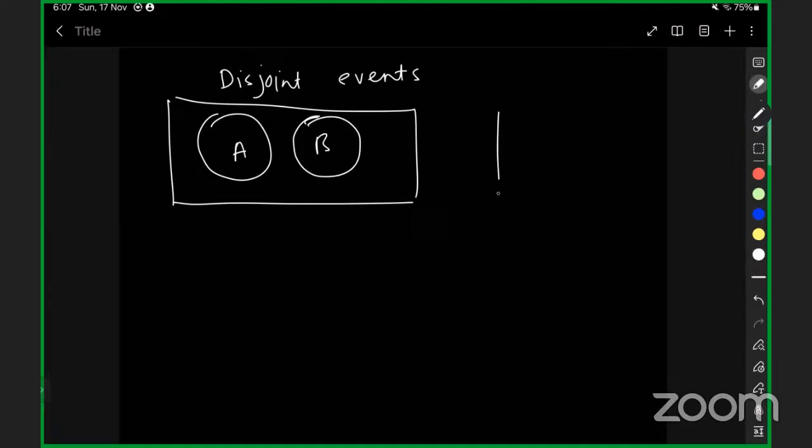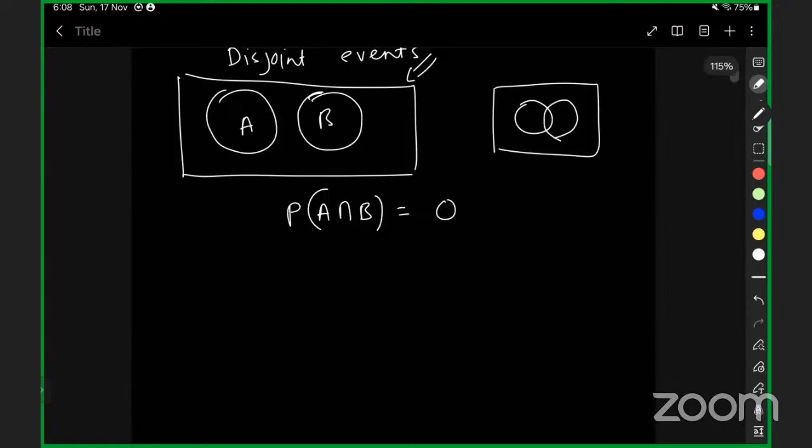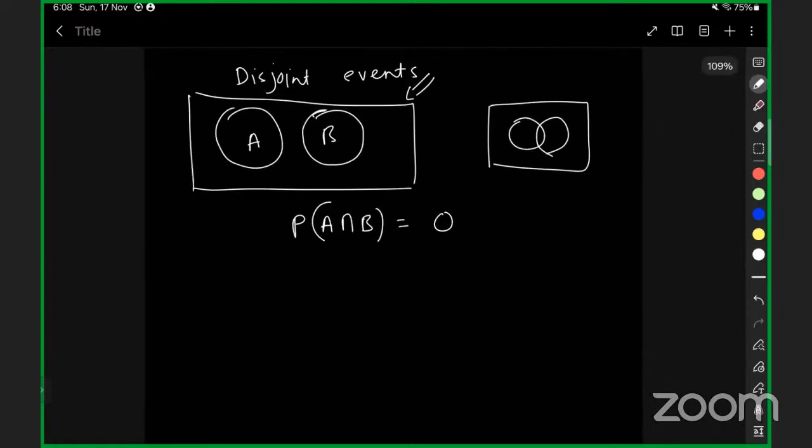If it were like this, then this is not a disjoint event, but this is a disjoint event. Basically, probability of A intersection B is 0. So there is nothing common between event A and event B. So these are disjoint events.